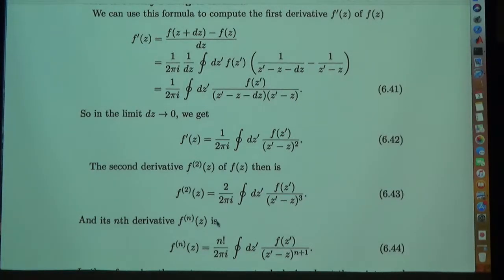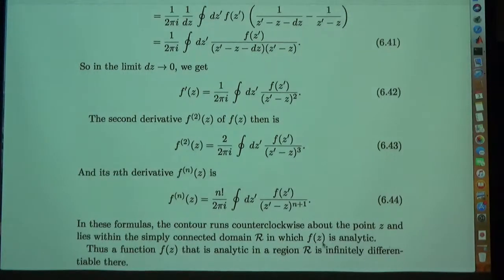So does anybody have a question about this? This is really remarkable. I imagine that Cauchy was absolutely amazed when he figured these things out and couldn't believe that it could be this simple.